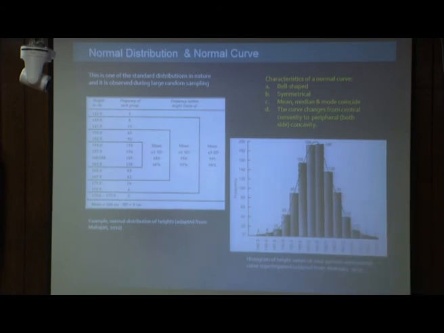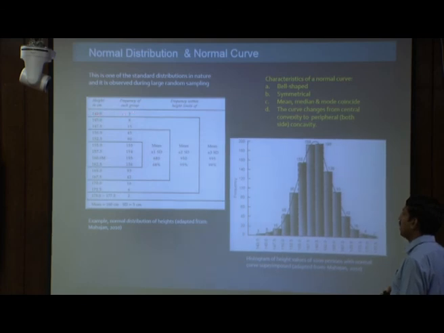If we consider the height value for a particular group of students or a particular population, for example 142.5, below this how many students are there? 3. Then 145.5 to 147.5, how many? Below 145 centimeter, 8.